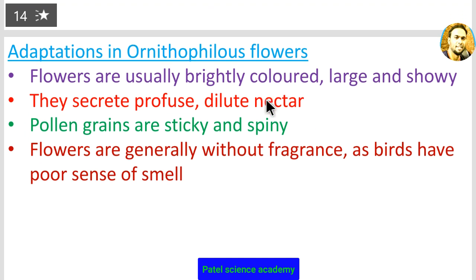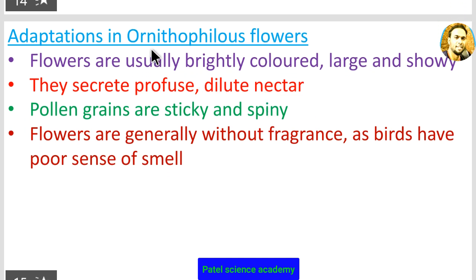Now we'll go to see the adaptation in these ornithophilous flowers. What adaptation they should have assumed for the ornithophily. The flowers are usually brightly colored, large and showy. There should be different colors, large size petals, and they should be showy.